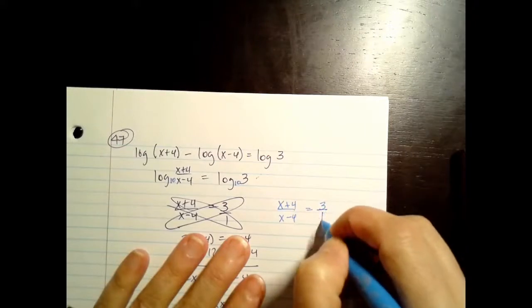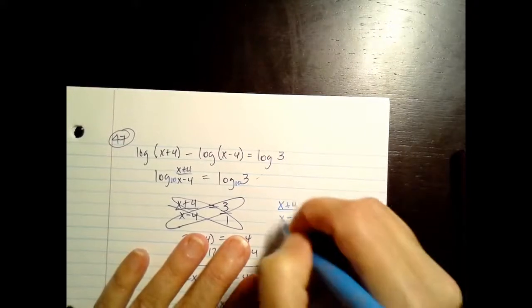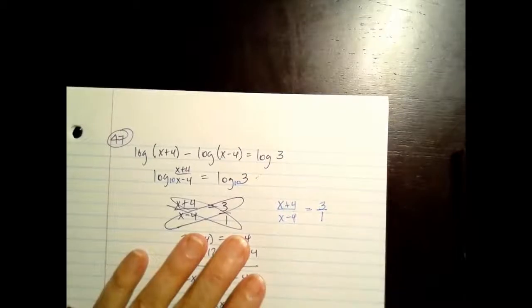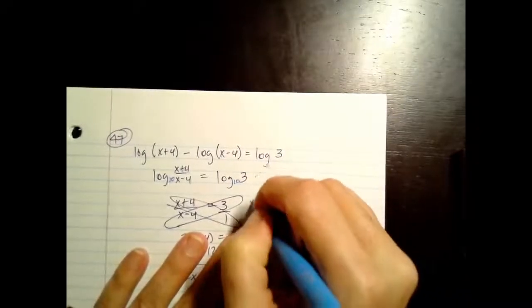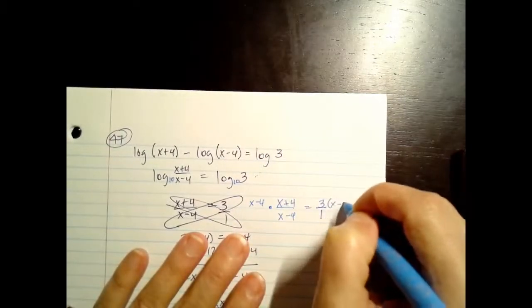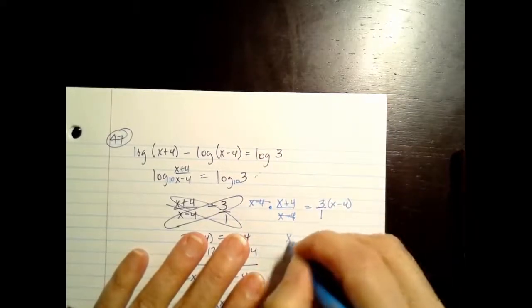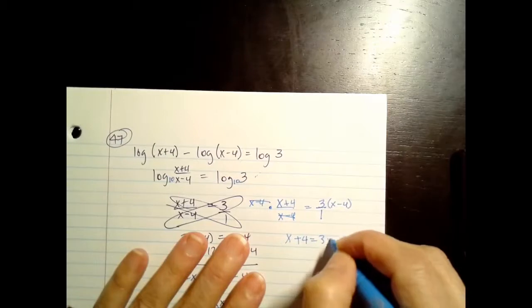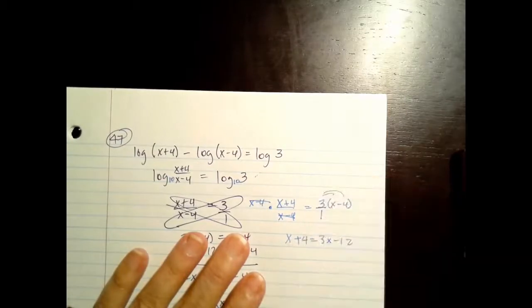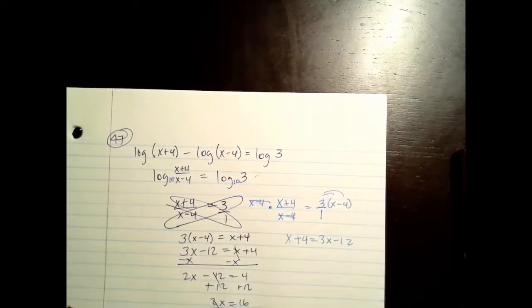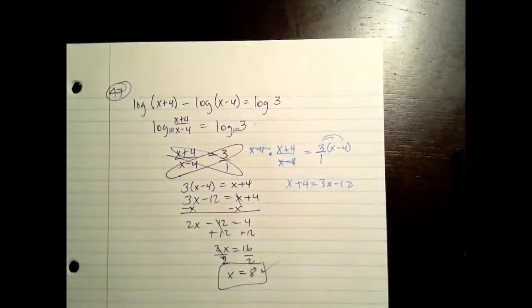So this is actually 3 over 1. Well, I got to get rid of this x minus 4 in the denominator. So if I multiply both sides times x minus 4, then those x minus 4's cancel out, and I get x plus 4 is equal to 3x minus 12, distributing, and then the steps are the same from there. I just wanted to show you in case you didn't understand the way I did it the first time.